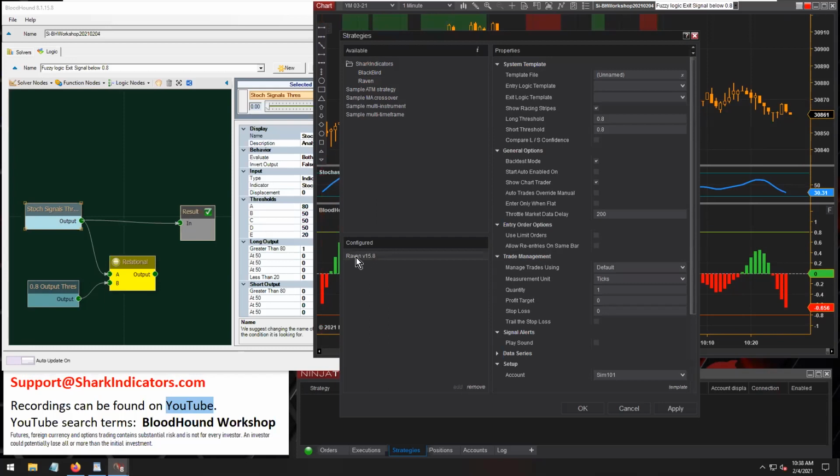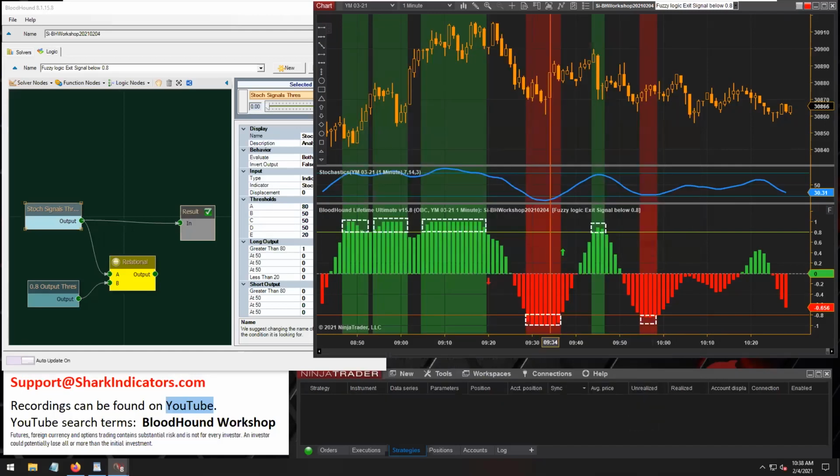For Raven, we can see we have entry logic and exit logic. The exit logic is where your exit signals are placed, so you load your exit signals into the exit logic there. So that's what that's for. All right, let's cancel that.